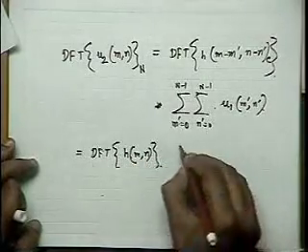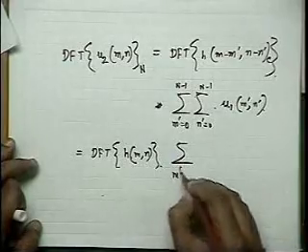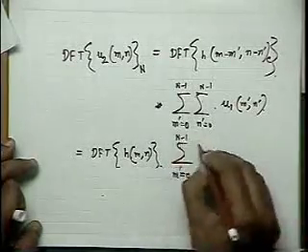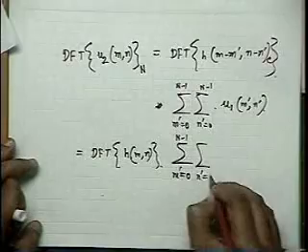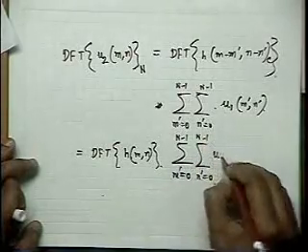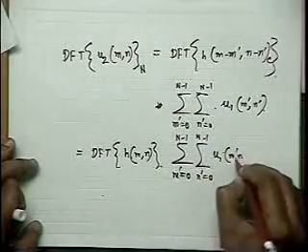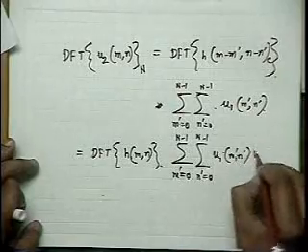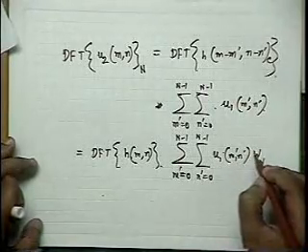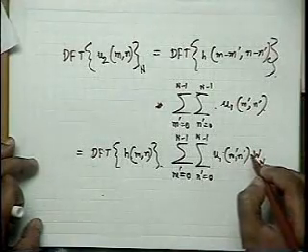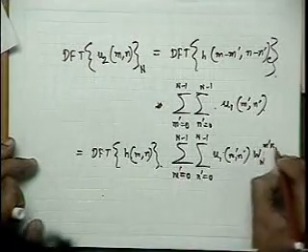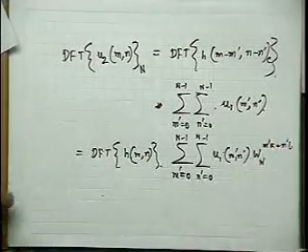Then I have the summation m prime equal to 0 to N minus 1, summation n prime equal to 0 to N minus 1, u1(m prime, n prime), W to the base N, and the term that is left out is m prime k plus n prime l.